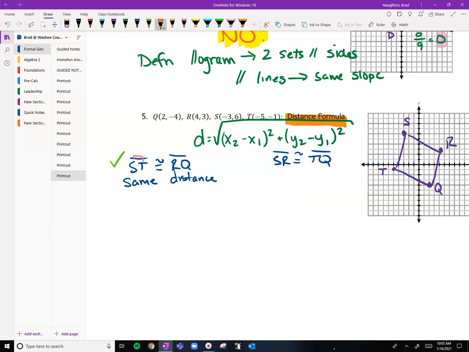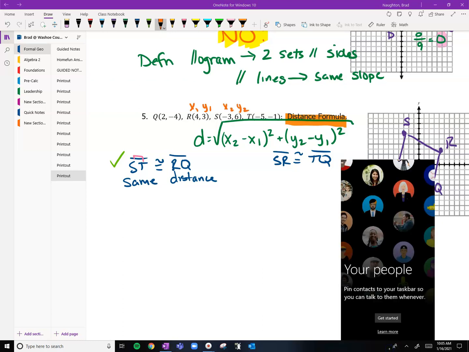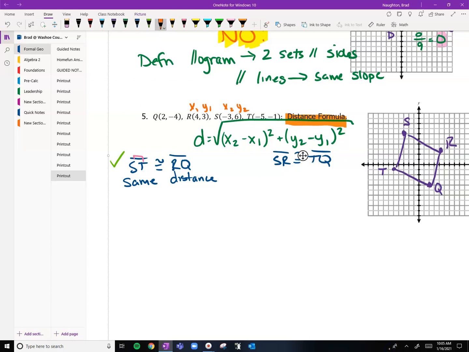So SR, so we go x1, y1, x2, y2. Again, it doesn't matter which one is x1 and which is x2 as long as you're consistent. So we'll do negative 3 minus 4 squared plus 6 minus 3 squared, square root of the whole thing.